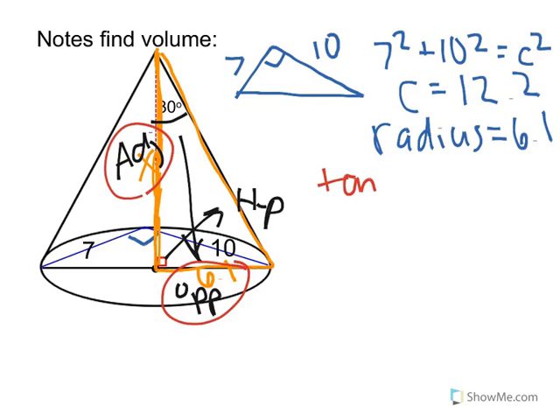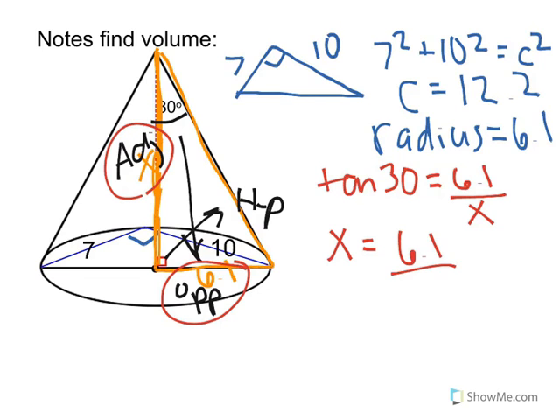So tangent of 30 equals our opposite, 6.1, over our adjacent, which is x. So x is going to equal 6.1 divided by the tangent of 30. I get x to equal about 10.6. So that is my height.